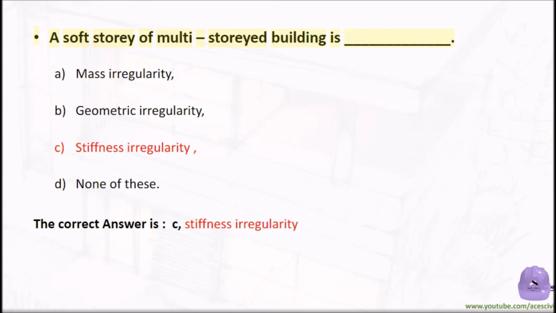A soft story of a multi-storeyed building is: A. Mass irregularity, B. Geometric irregularity, C. Stiffness irregularity, D. None of these. The correct answer is C. Stiffness irregularity.